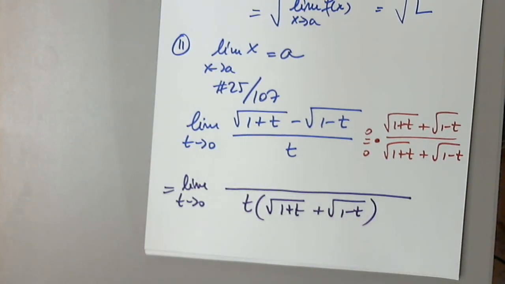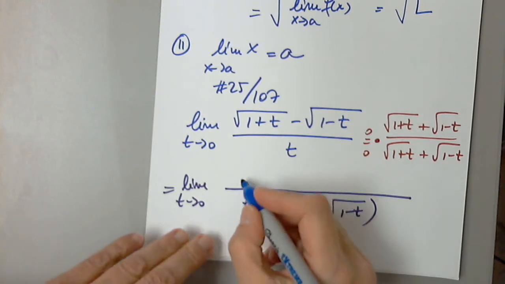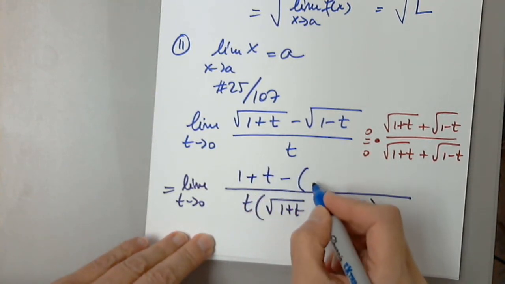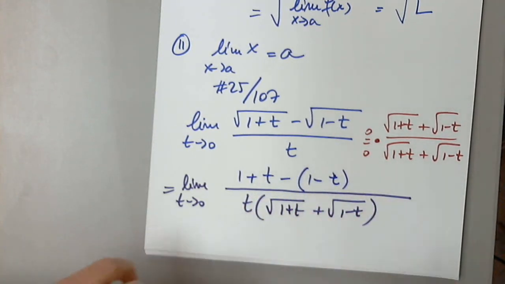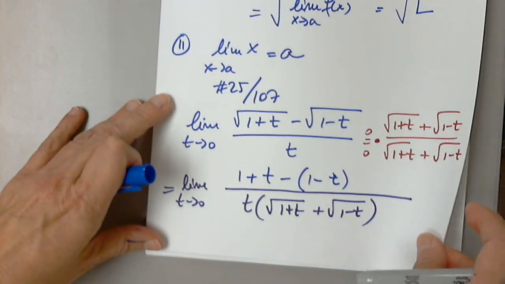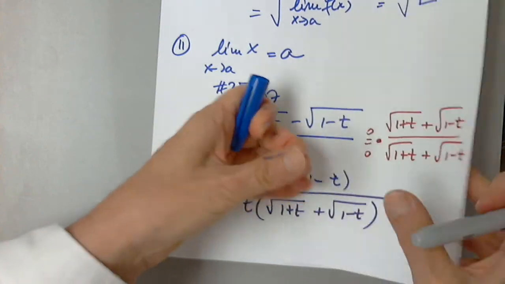And please give me the numerator. The numerator is 1 plus t minus 1 minus t. Yes, but in parentheses, because we need to distribute the minus 1. Very good.